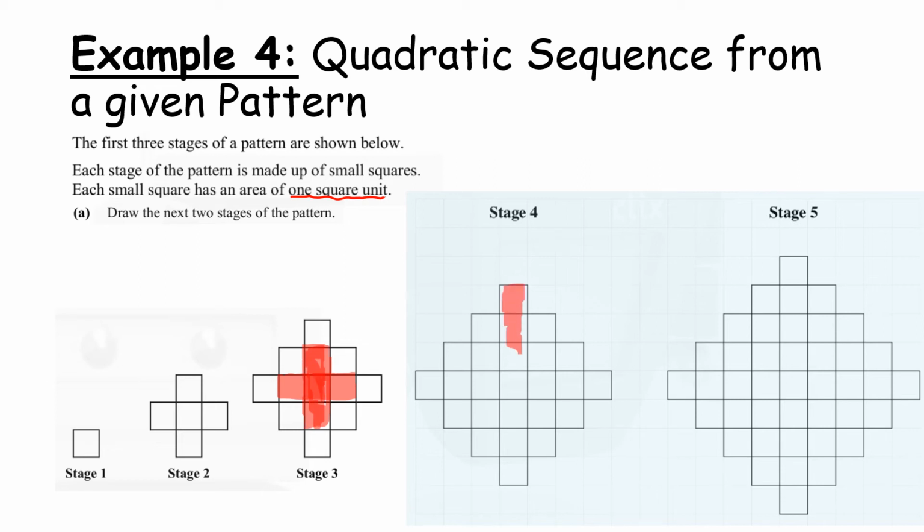Let's highlight, or what you would do if you were drawing it. So if you were drawing that, you would draw stage 3 first and then build on it. So let's highlight stage 3. So stage 3 looks something like this.